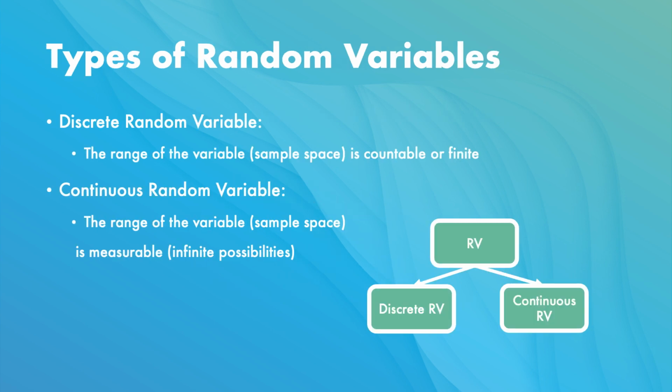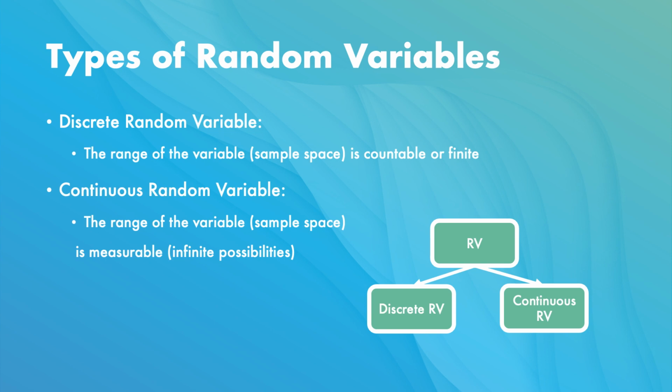Because we are transforming outcomes into numbers in the real line, we can have two types of random variable, the discrete and the continuous. And according to whether it's discrete or continuous, the methodologies that go with it are completely different. It is discrete if the range of the variable, the sample space, is countable or finite.